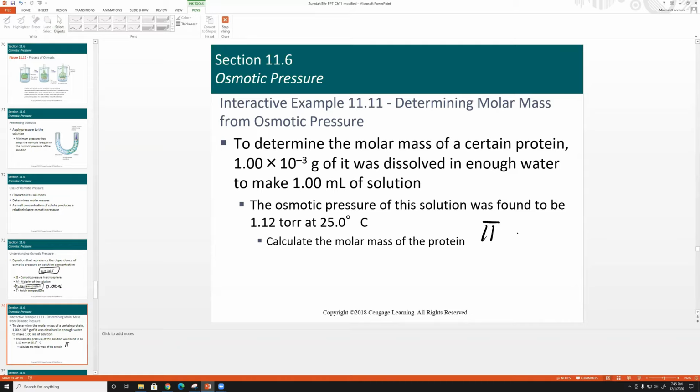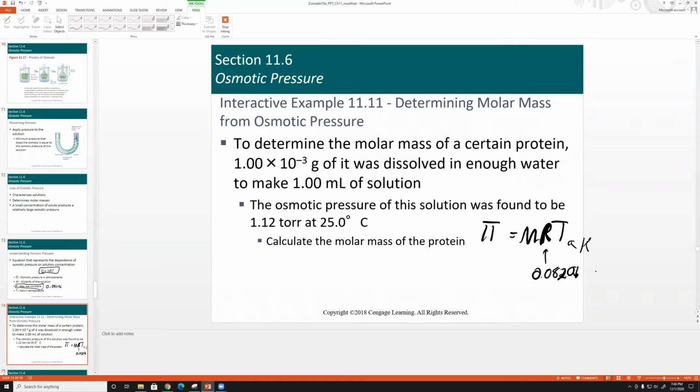Capital pi equals M, which is the molarity, times R, which is our ideal gas constant, 0.08206, and our temperature in Kelvin. All right, let's start working on it. Now you have the osmotic pressure, and keep in mind, this R constant is 0.08206 in atm, right?